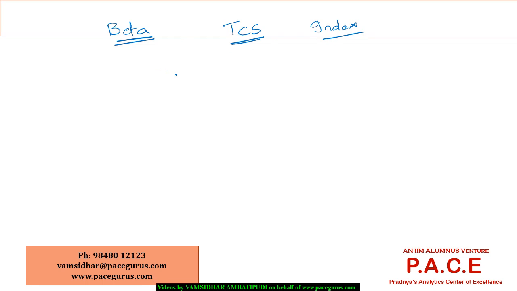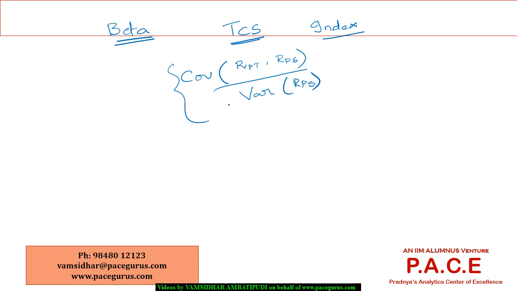So now comes the beta, which comes out as the covariance between the security returns, or probably the risk premium associated with TCS, and the risk premium associated with Sensex, divided by the variance of the risk premium associated with the Sensex. So this is the computation of beta.